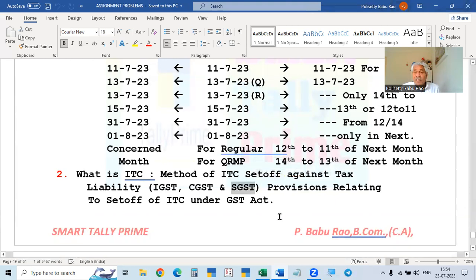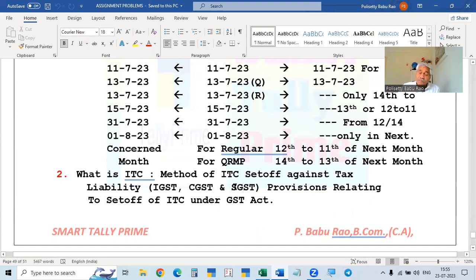If there is no assembly, those are union territories. These union territories will have UTGST, Union Territories Goods and Services Tax. So SGST also means UTGST. So IGST, CGST, SGST or UTGST we will have.